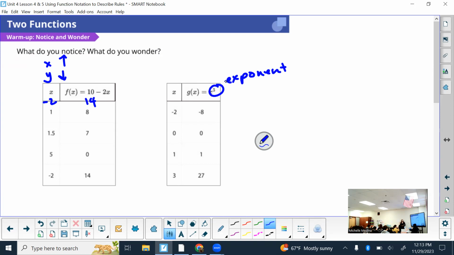Table 3, give me another notice. Okay, so going from negative to positive.